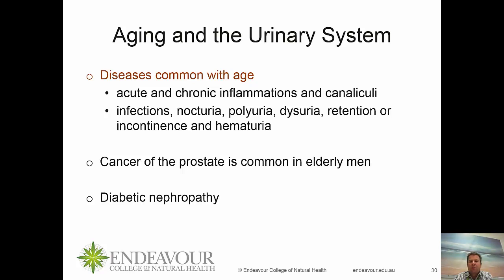And of course, the second dot point is very common for males. Males over the age of 50 tend to get an enlarged prostate gland. That's a function of the declining levels of testosterone. As the levels of testosterone decline, the prostate gland itself reacts and becomes larger. It hypertrophies.